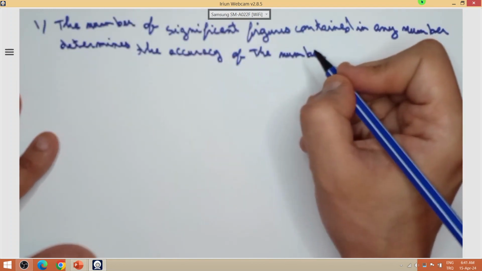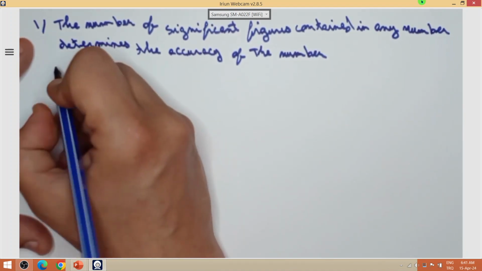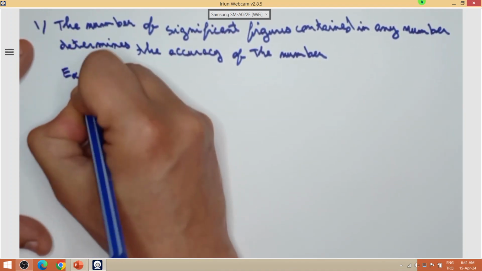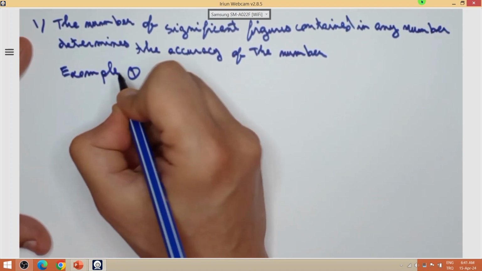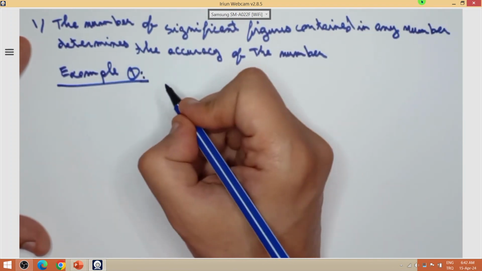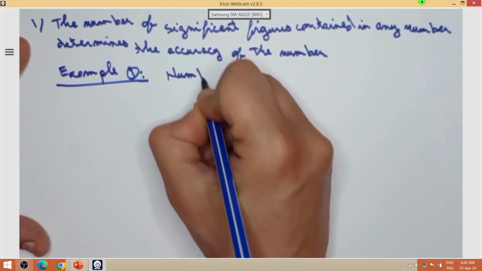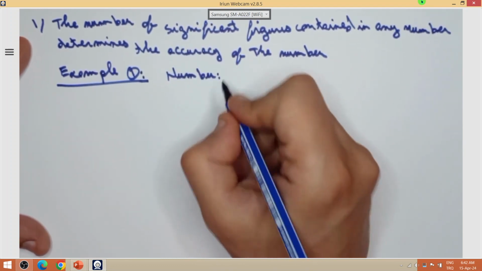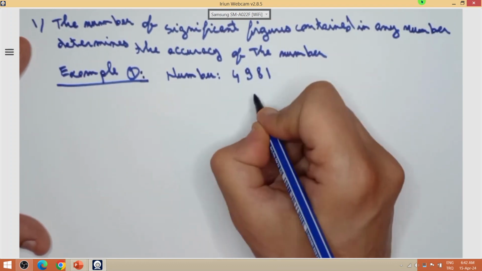And we will see one example. Let's see example 1. In this example, we'll see one number, the number 4981.